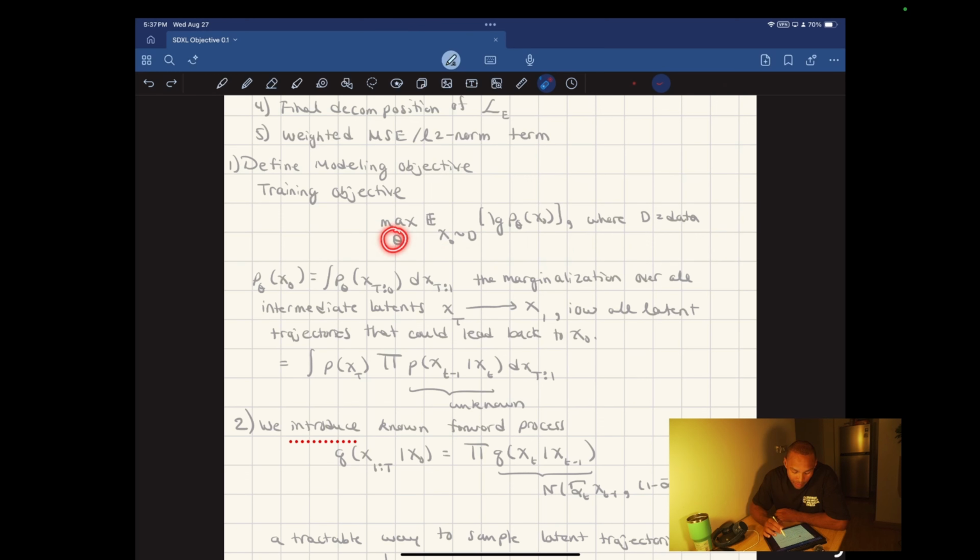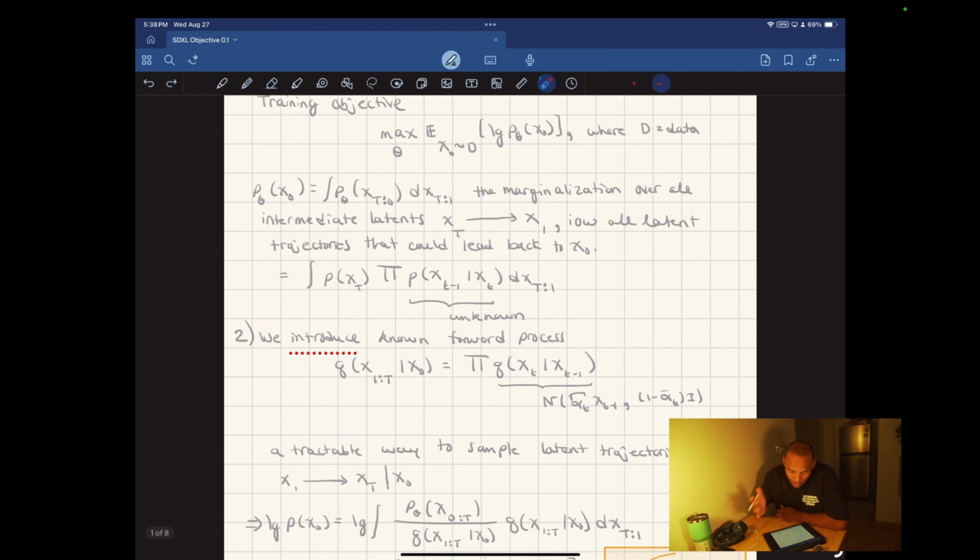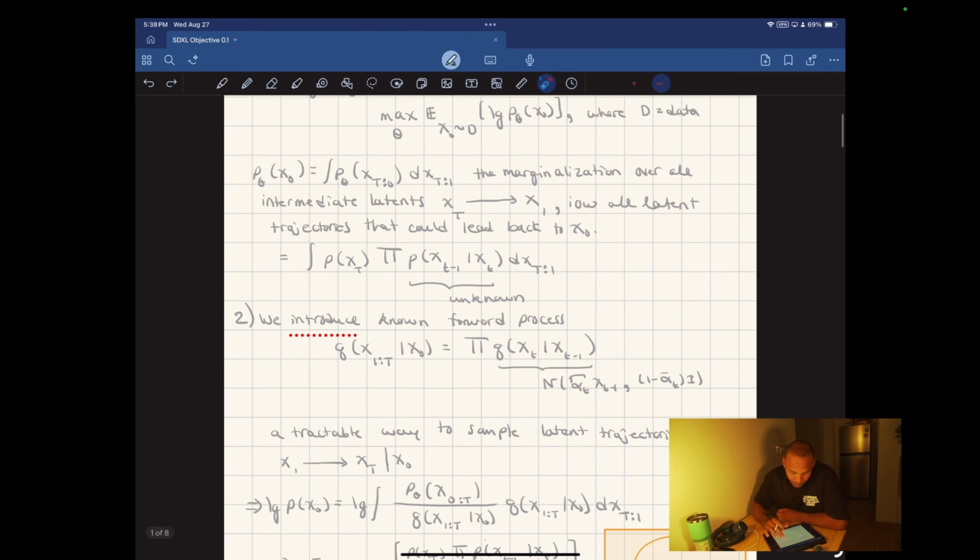We're finding theta that maximizes the likelihood of the data. X naught is our image, and for each image in the data set, we want to maximize the log likelihood. That's what we want to find, the theta that maximizes this log likelihood. That's our modeling objective.